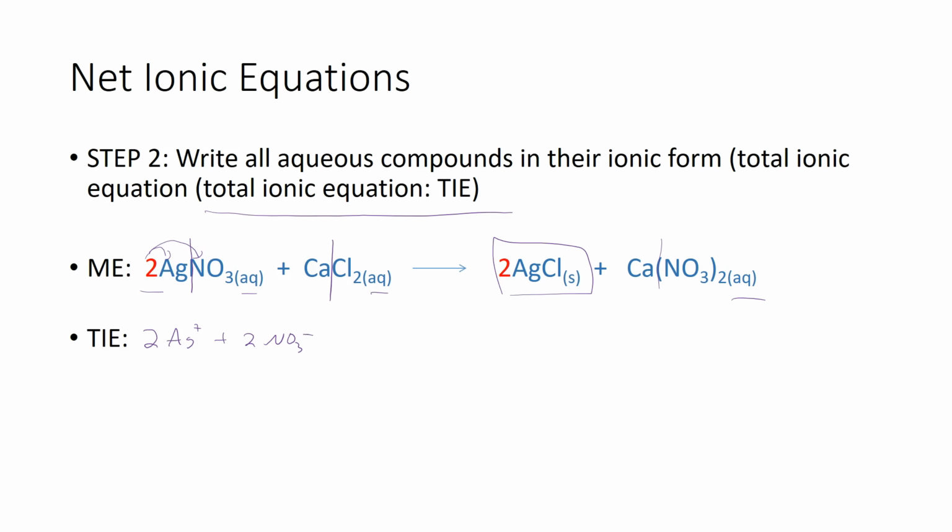Now, my other ions on my reactant side are calcium and chlorine. So plus Ca2+. Now notice that subscript 2 applies only to the chlorine ion. So I'm going to keep 1 calcium, so no coefficient there, but that subscript is going to become a coefficient, 2Cl-. Now, these are my ions in solution: silver ions, nitrate ions, calcium ions, and chlorine ions.